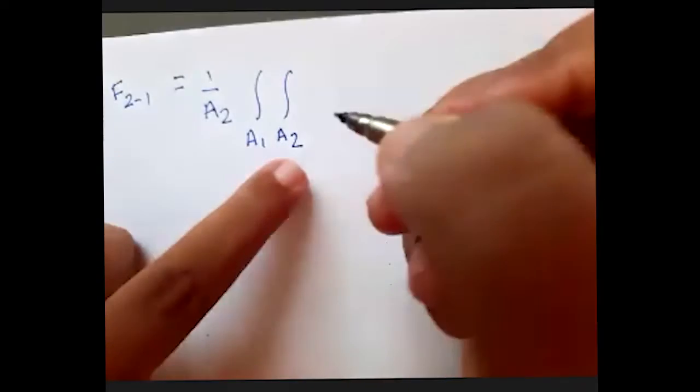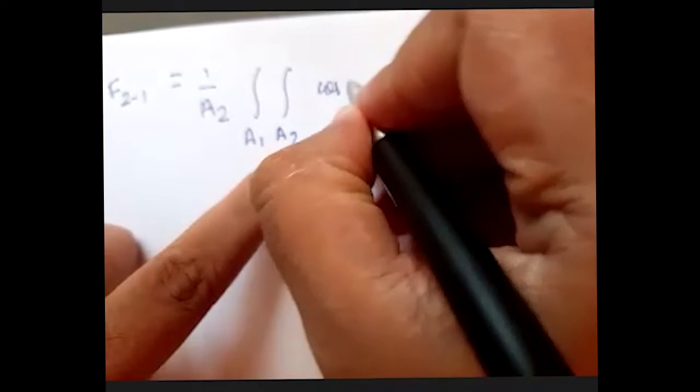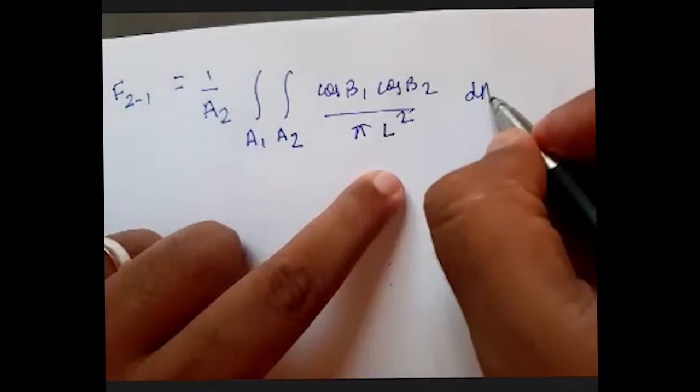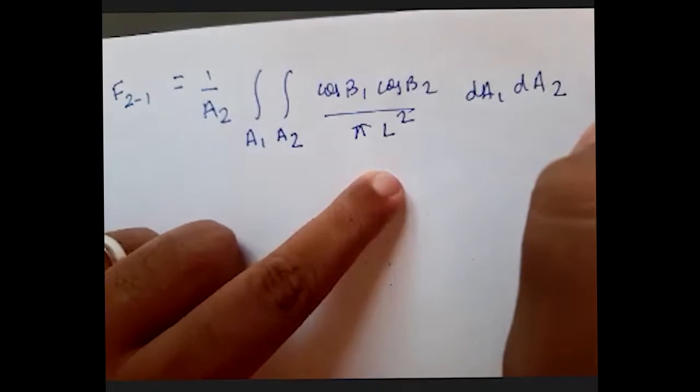If I take the shape function for 2 to 1, so F2 to 1, on a similar background, similarly what do I get? Similarly F2 to 1 is equal to 1 upon A2, instead of A1 I'm going to take A2. Within the integration, it is for surfaces A1 and A2, cos beta 1 cos beta 2 divided by pi into L square into dA1 into dA2.